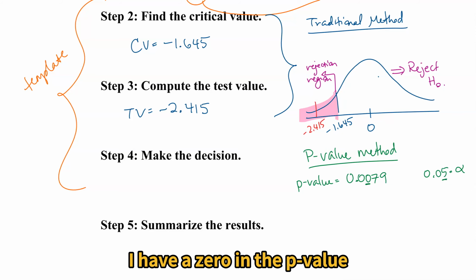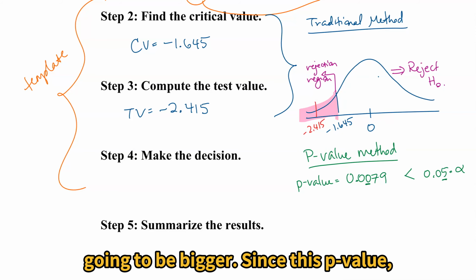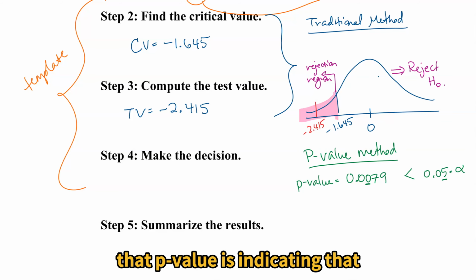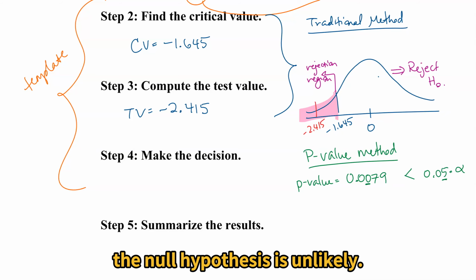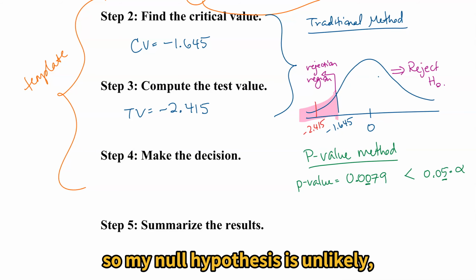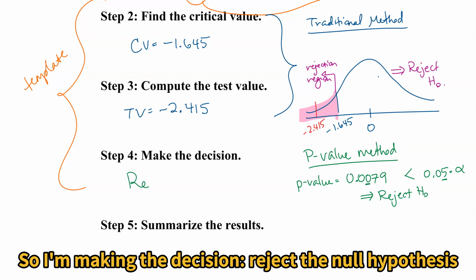I have a 0 in the p-value and I have a 5 in the alpha, so the alpha is going to be bigger since this p-value, which is a probability, is less than my alpha. The p-value is indicating that the null hypothesis is unlikely. The p-value is too small, so my null hypothesis is unlikely, which means I reject the null. The exact same conclusion that we got from the traditional method. So making the decision, reject the null hypothesis.